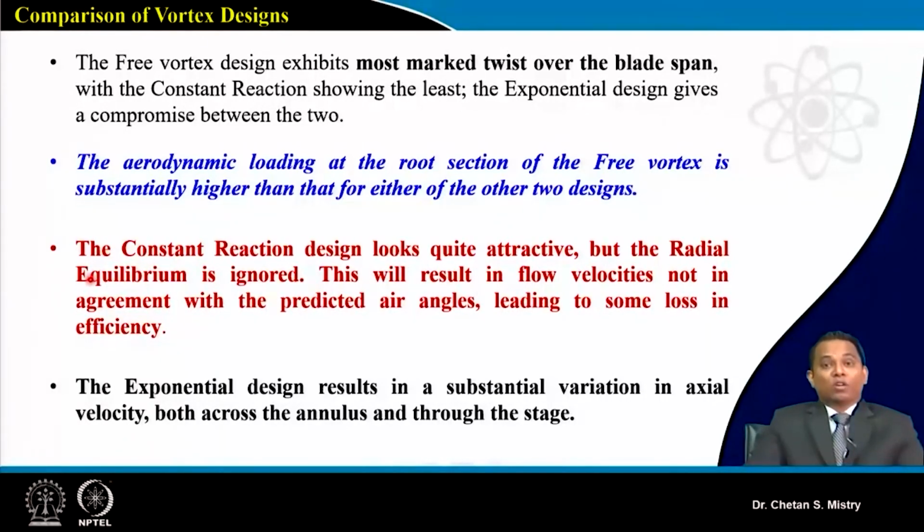Constant reaction design looks more attractive, but it does not satisfy radial equilibrium. There may be a possibility that your rotor will go off design, and that will not give the efficiency you are expecting from this machine because of the induction of losses.